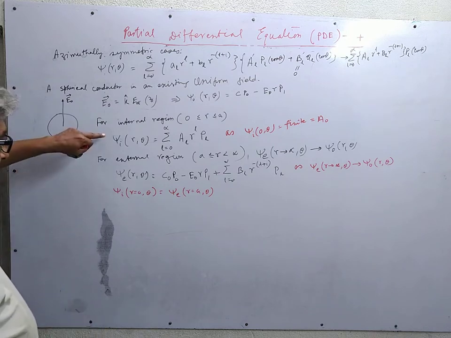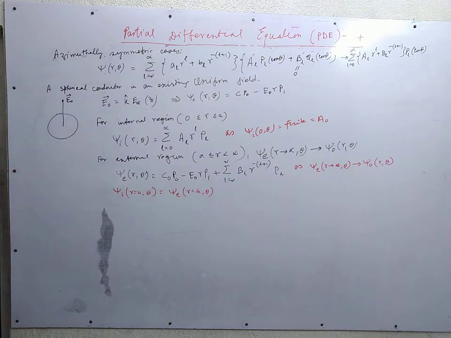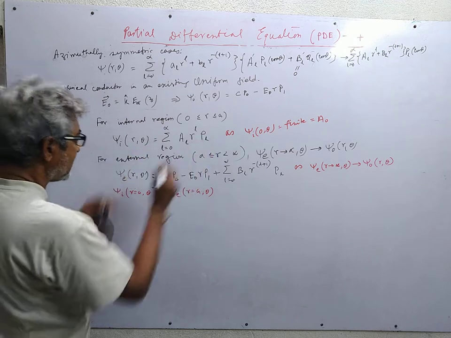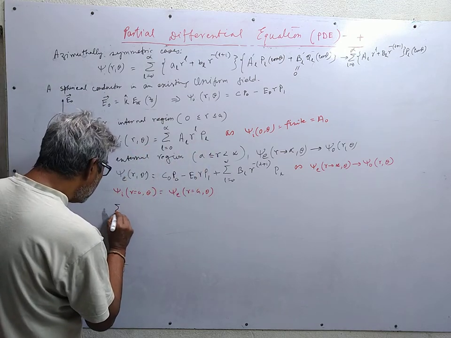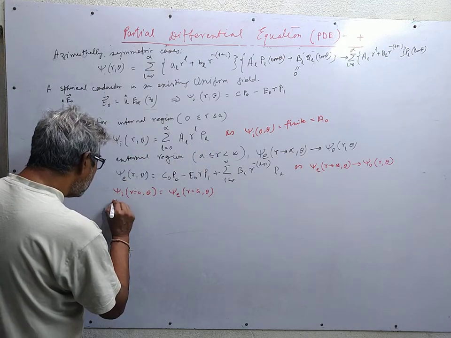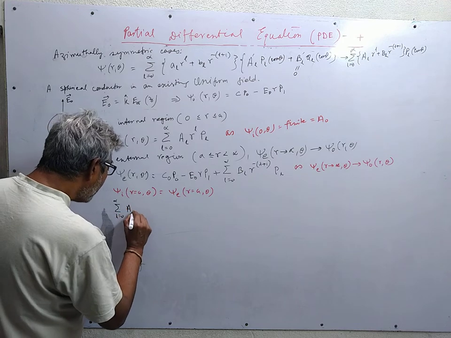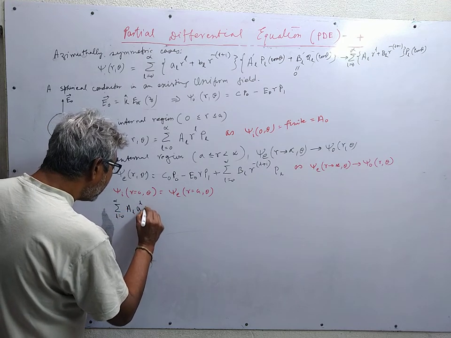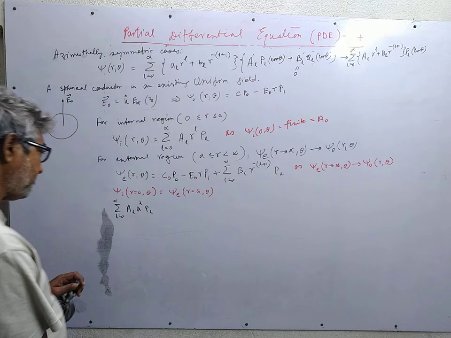If we apply this one, from the left hand side we have the sum over L from 0 to infinity of A_L a to the power L P_L.